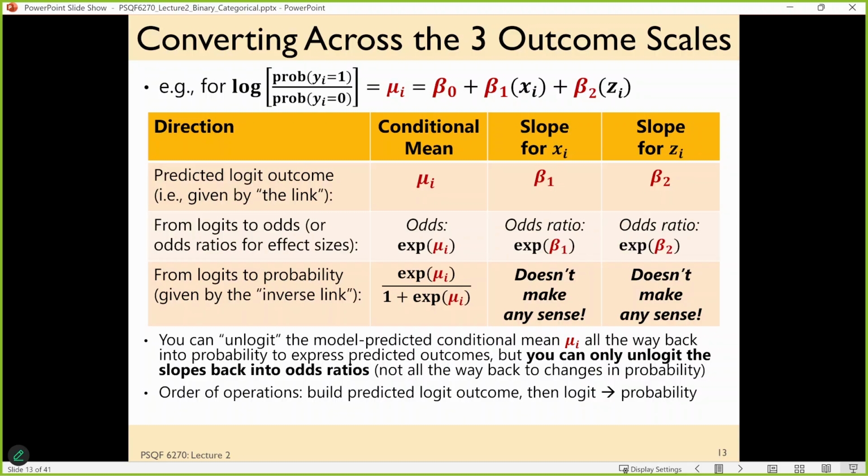That holds the same. Odds ratios, though, what happens is that, and this is in slides somewhere, but I'll just say it since we're on the topic, a positive slope translates into an odds ratio between 1 and positive infinity. A negative slope translates to an odds ratio between 1 and 0. And odds have a lower bound of 0.